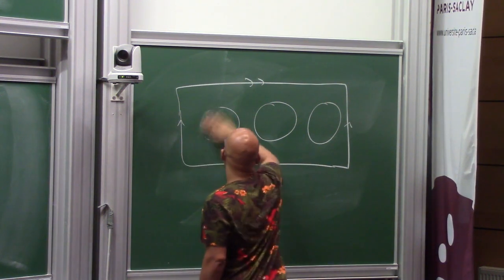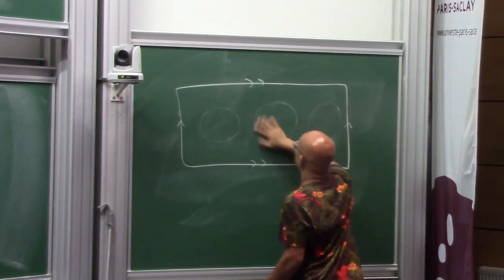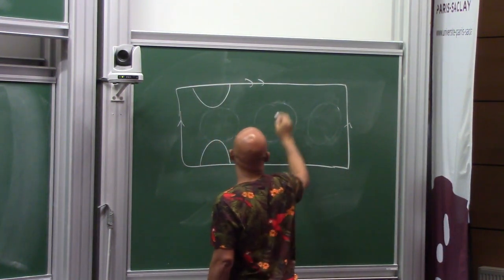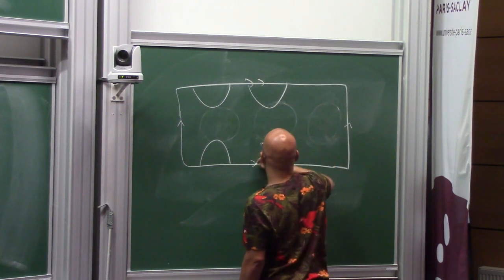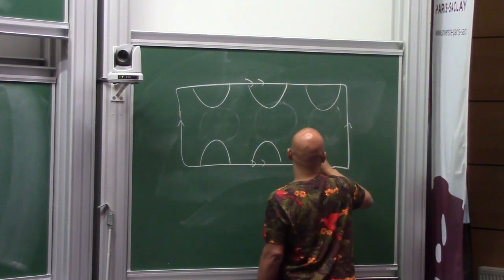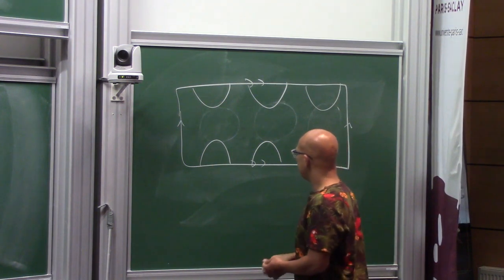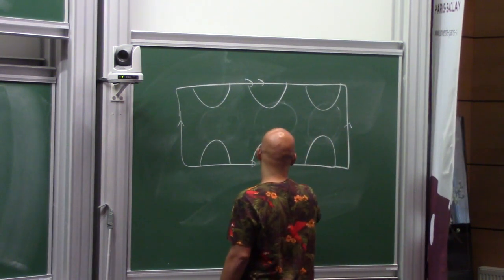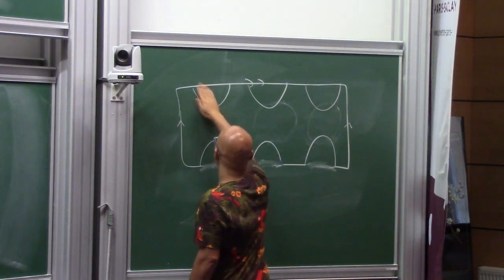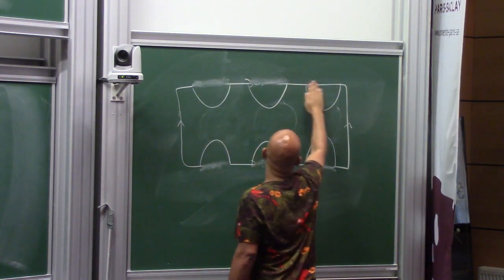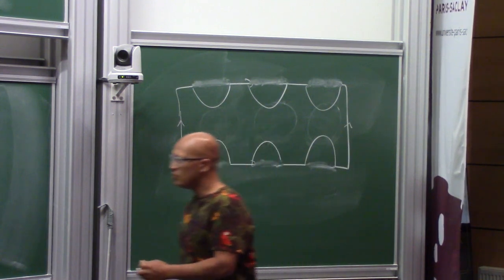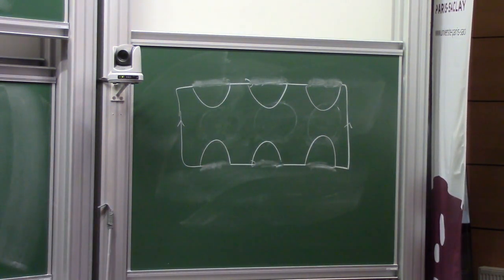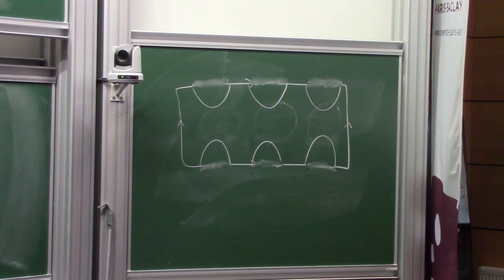Maybe it would be better if I draw them like this. Okay. Here's a torus with three holes. It's the same picture, right?